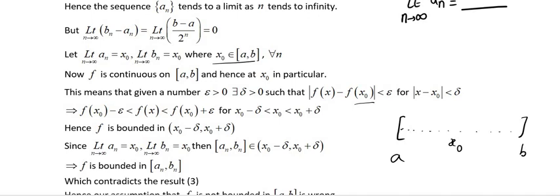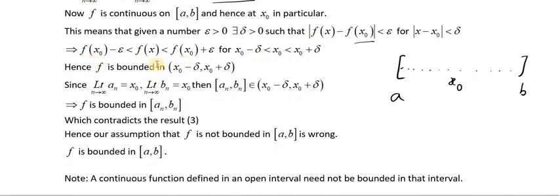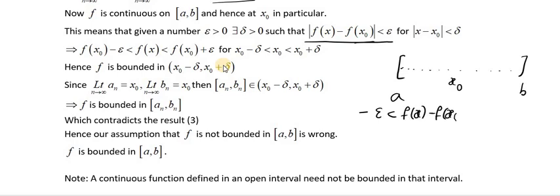Next step is, I think you know this step, even though I will explain once again. Whenever we have this type of condition, we can write minus epsilon less than f of x minus f of x naught less than epsilon.